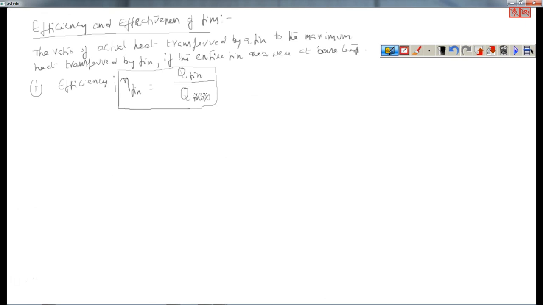Now we will go through some cases. For an infinite rectangular fin, eta fin is equal to hpka into theta 0 divided by hpl into theta 0.